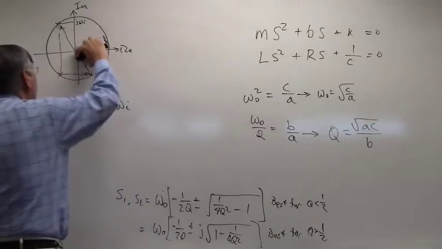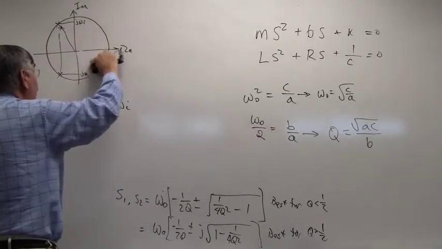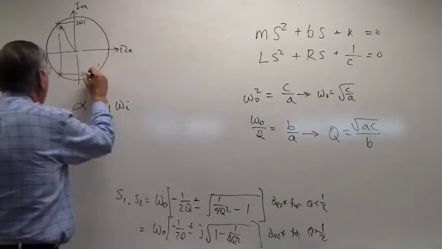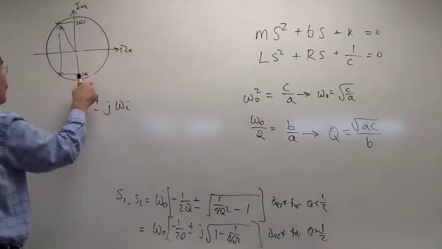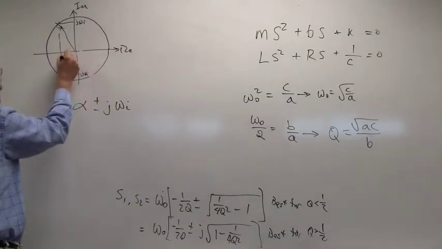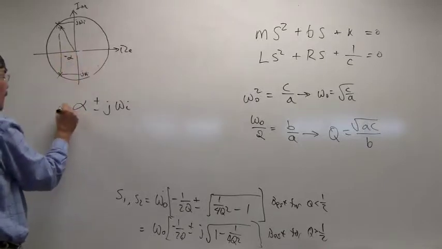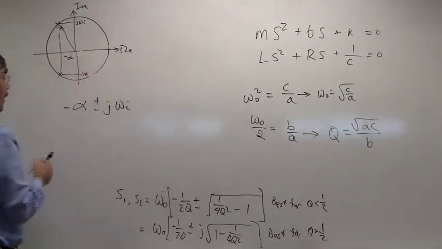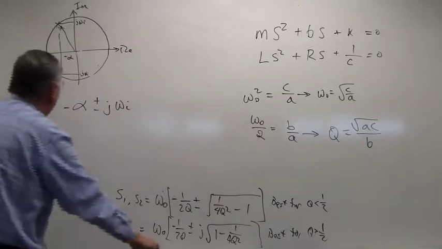This is a circle of radius omega naught. This is the imaginary part of the roots, and this part is minus alpha, which is the real part of the roots.